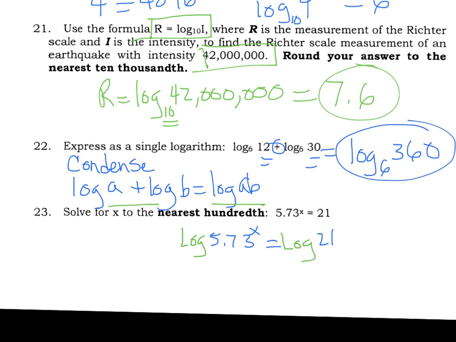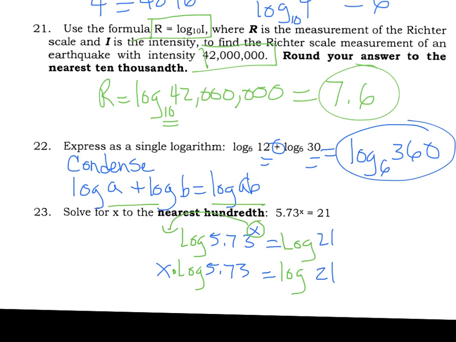Now, one other property of logs that is helpful to me is that if I have the log of a power, I can bring it to the front. So what I really have is x log of 5.73 equals the log of 21. Now at this point I can get x by itself pretty quickly.